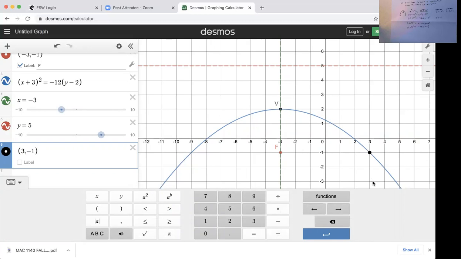So I found a point on the graph, which is on the latus rectum, that point (3, -1). You'll notice it is 6 units away from the focus: 1, 2, 3, 4, 5, 6. And how far is it from the directrix? 1, 2, 3, 4, 5, 6. So not a whole lot for us to do there, other than to write that (3, -1) is the point on the graph.